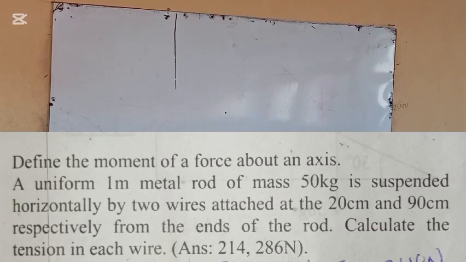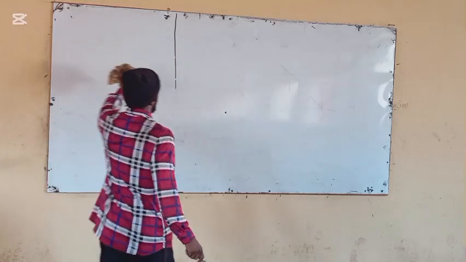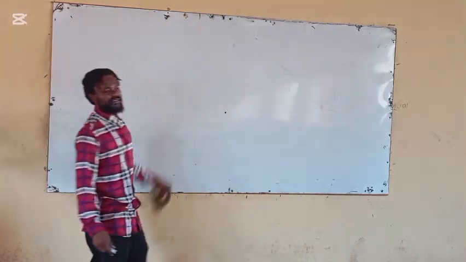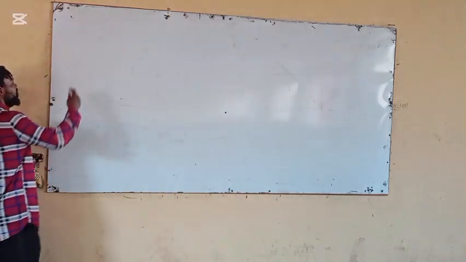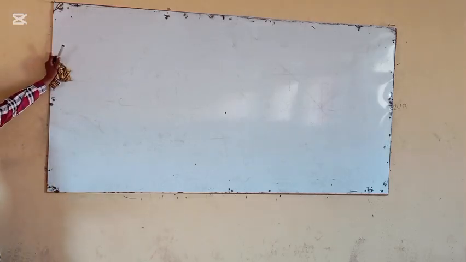Read the question. Please pay attention. Let's start from the beginning. Read out the question. Well, you have solved to the point where you no longer know how to read questions.